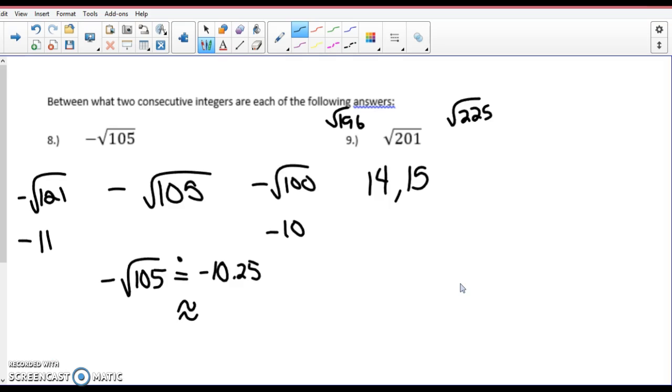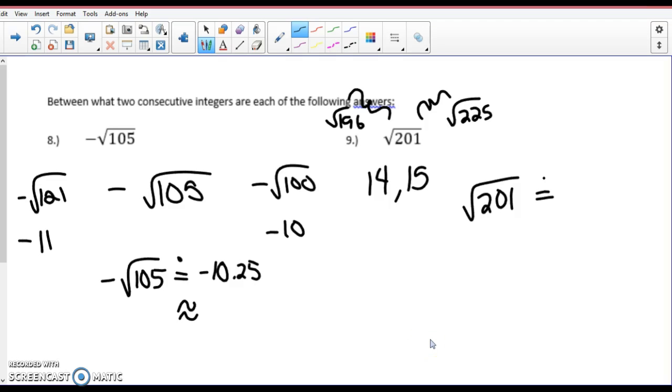Let's estimate. The square root of 201 is approximately equal to what? Now, is it closer to 196 or is it closer to 225? Let's get some other people involved here. It is closer to 196 because it is 5 away from 196 and it is what? 24 away from 225.